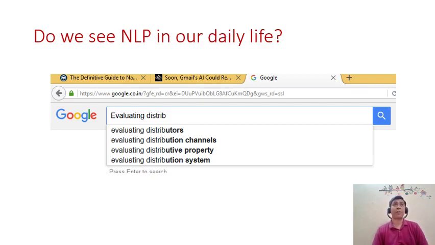If you have observed this over the last 5 years, you see that it has improved tremendously. Again, we will see what kind of models contribute to this kind of prediction. And we don't only see this when typing search queries. You see it while typing your message on WhatsApp, and even in the SMS apps on your phone, which also have this kind of next word or next phrase prediction available.